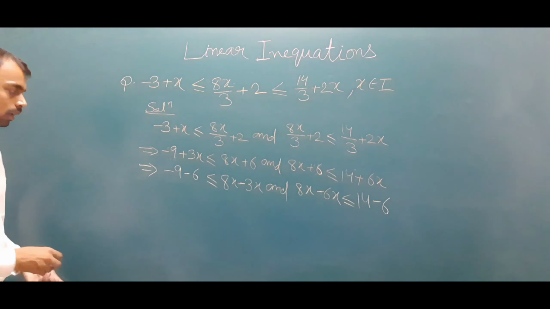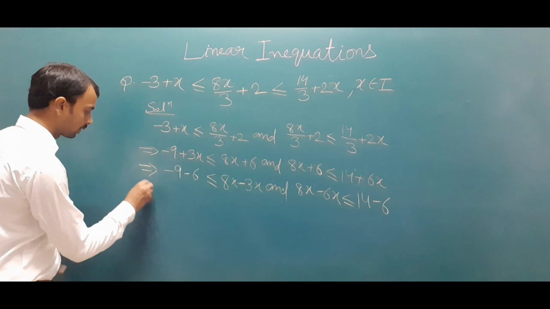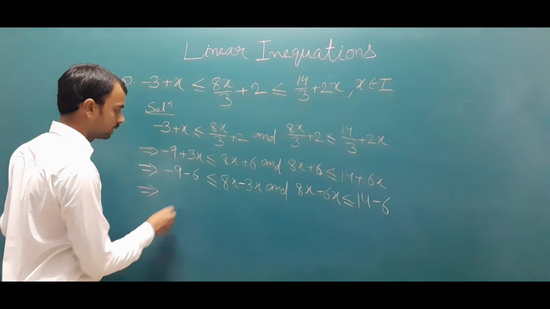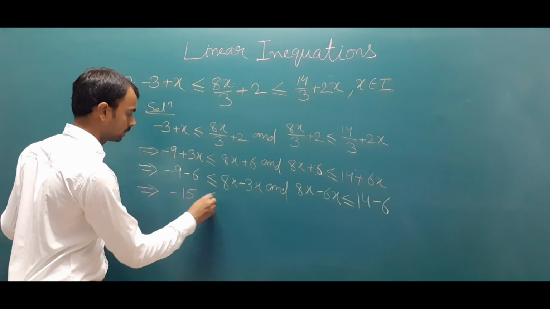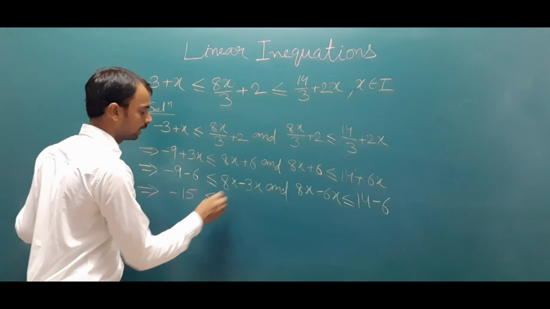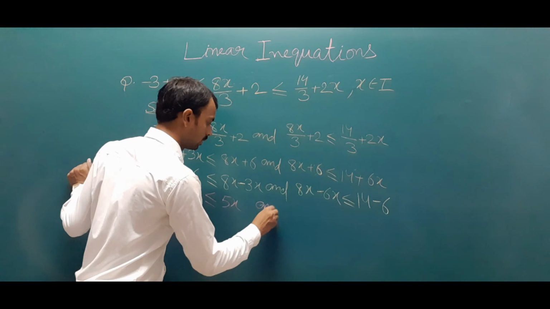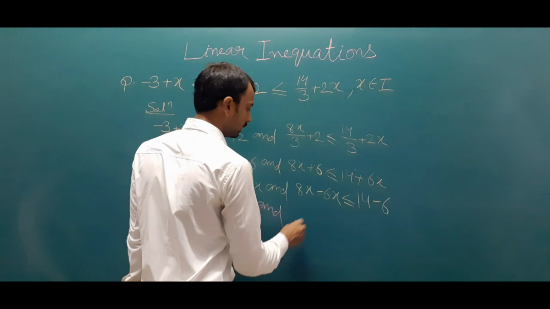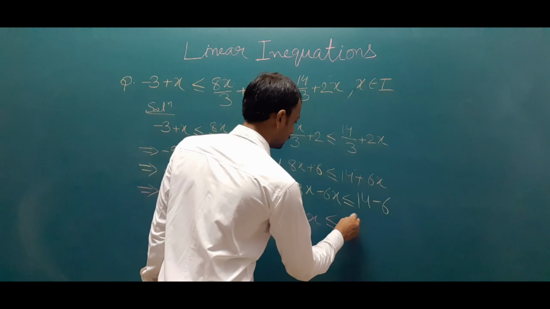Okay, so what we get: minus 9 minus 6 is minus 15, and here 8 minus 3 is 5x, and again 8 minus 6 is 2x, and 14 minus 6 is 8.